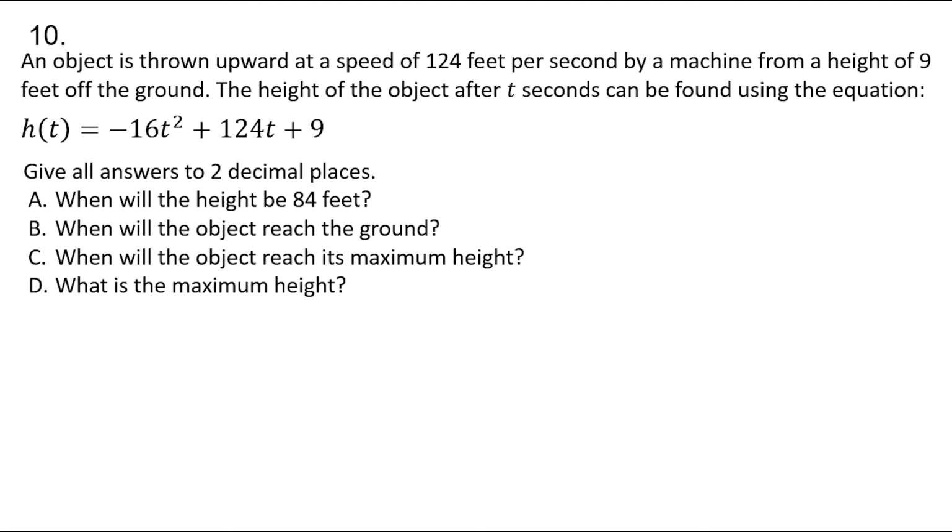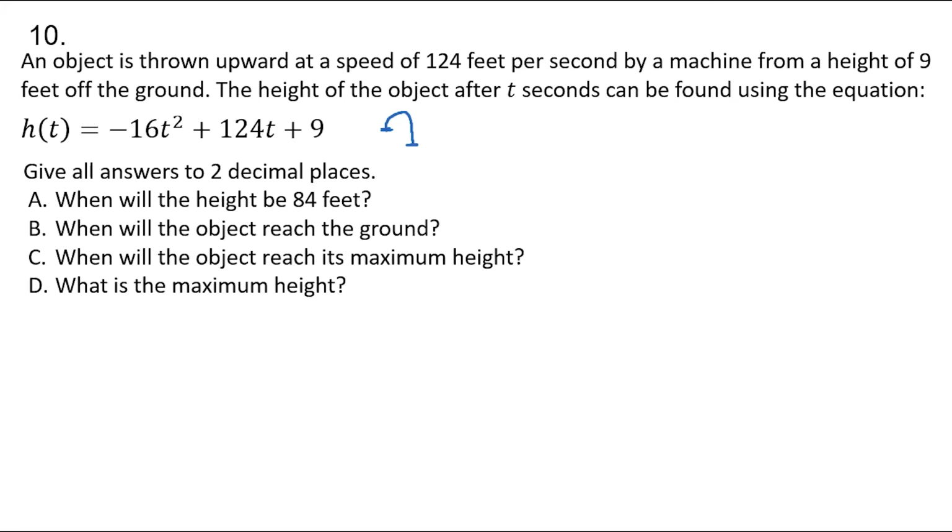So let's say you start at a point like this. This is 9 feet off the ground. You have some object being thrown up, and then it comes down and hits. At some point it's going to hit the ground. So you can see it's a parabolic shape that opens downward, and now all of the questions that they ask us are based off this model here.